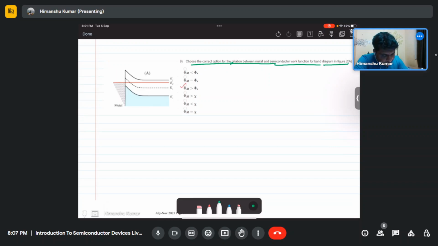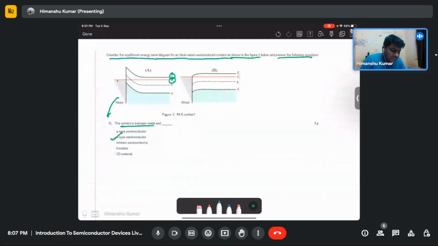As we have discussed, this kind of barrier will form only when the metal work function phi m is greater than the semiconductor work function phi s. So the correct answer will be phi metal is greater than phi semiconductor.